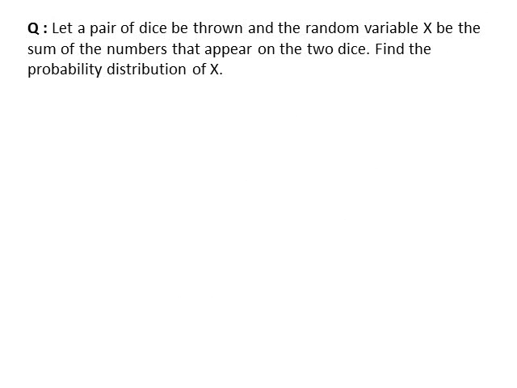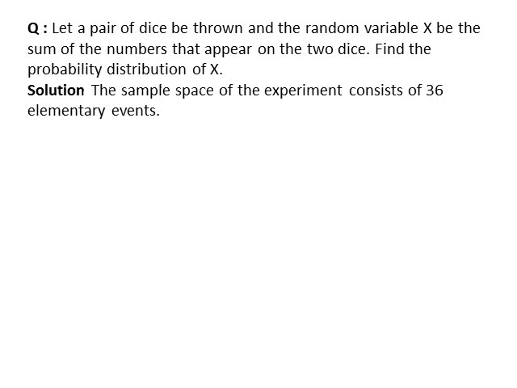Take one more question. Let a pair of dice be thrown and the random variable x be the sum of the numbers that appear on the two dice. Find the probability distribution of x. The sample space of the experiment consists of 36 elementary events, or we can say possible outcomes.